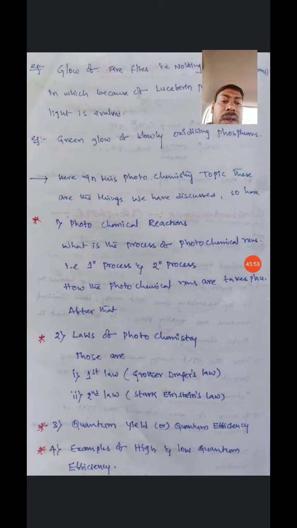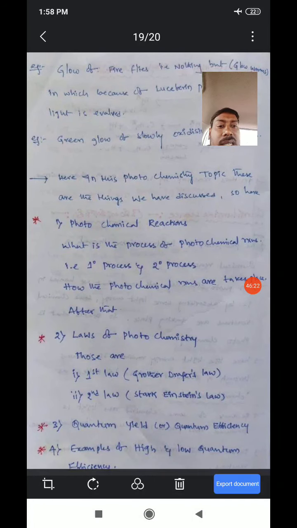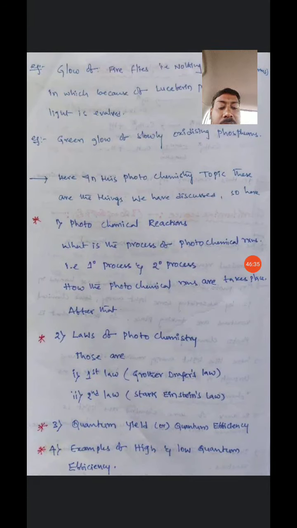So in this photochemistry chapter, we have discussed these things. Mainly photochemical reactions and the process of photochemical reactions, that is the primary process and secondary process, and how photochemical reactions take place. After that, the laws of photochemistry: the first law, that is Grotthuss-Draper law, and the second law, that is the Stark-Einstein law.